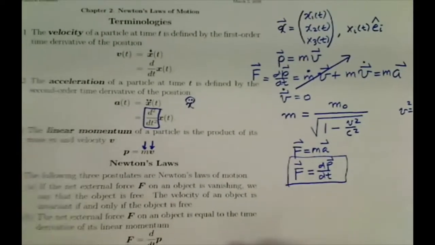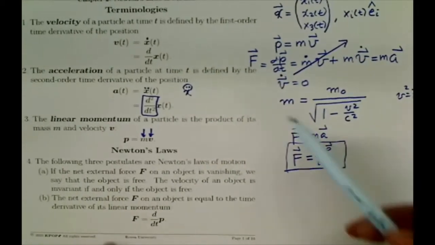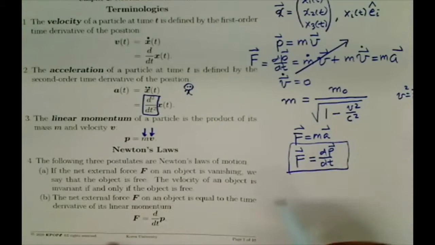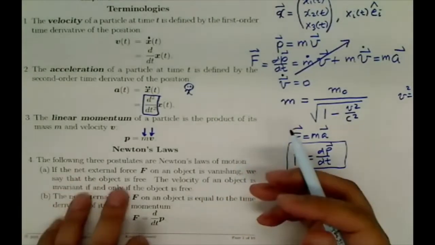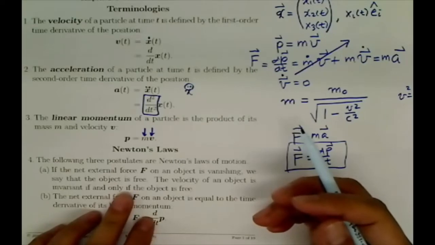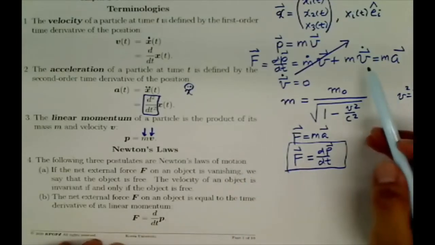So in summary, once we know what the force means, then we can begin with the first law, that is the law of inertia. If F equals 0, then the velocity of the particle is invariant. This is the case.